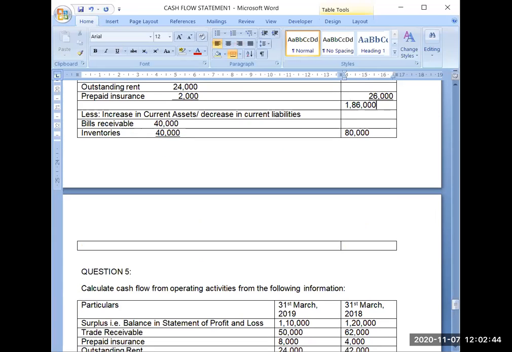And 1,86,000 minus 80,000, finally I will get cash flow from operating activity. It will be 1,06,000.